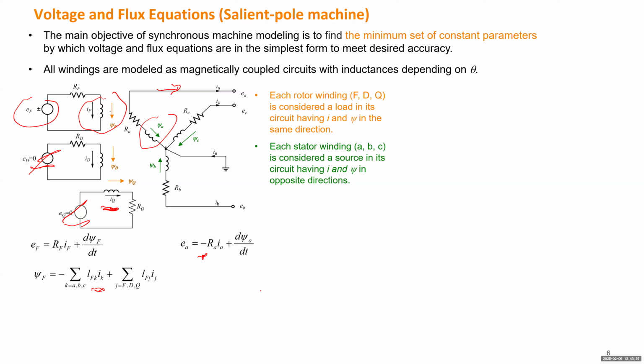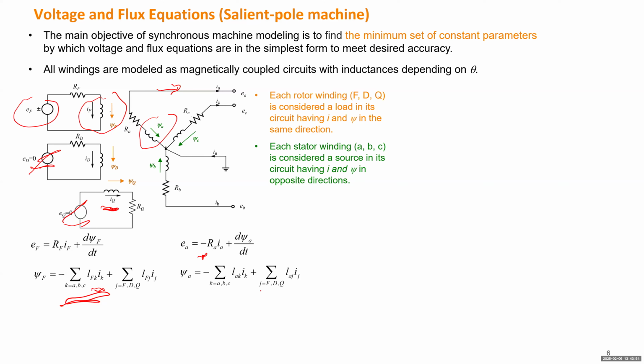But because here we have stator winding and rotor winding in opposite directions, for the first group, the stator winding, they will have a negative sign because stator current is opposite to the flux linkage. Is this clear? Okay.